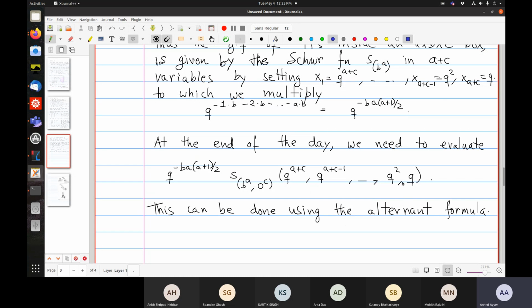More importantly, this is a homogeneous function, so when you write it this way, you know exactly what extra power of q you will get per term. So this is some explicit power of q times the same Schur function at 1, q squared, etc., up to q to the a plus c. It's the same thing.